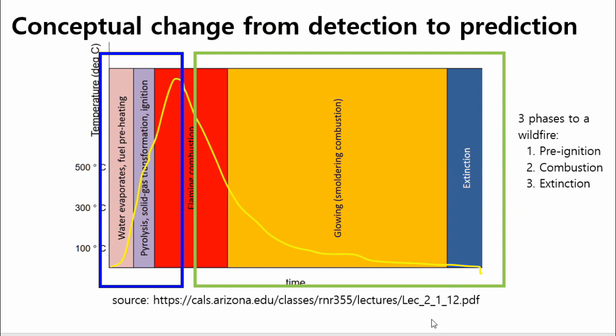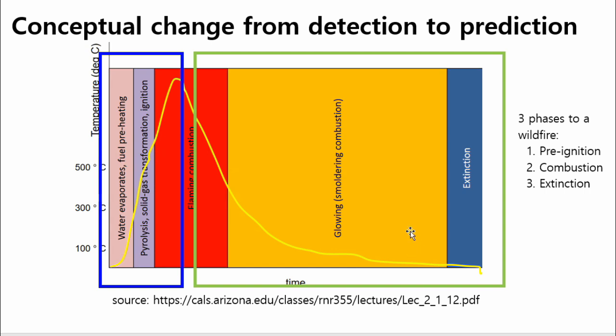So there are three phases to wildfire: pre-ignition, just before the max of the yellow line; the max, which is combustion; and after combustion, we enter extinction. The important thing is that as long as we accurately and reliably monitor this temperature, we can predict combustion ahead of time just by looking at the temperature increase.